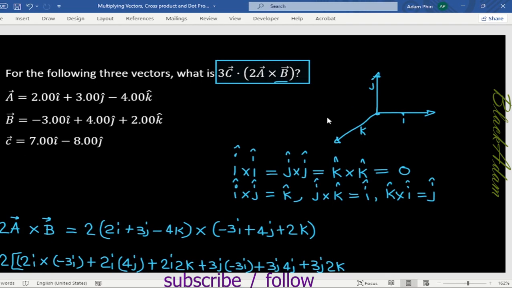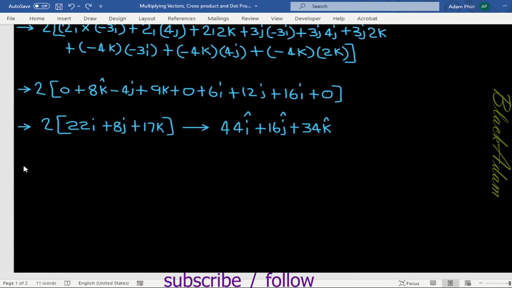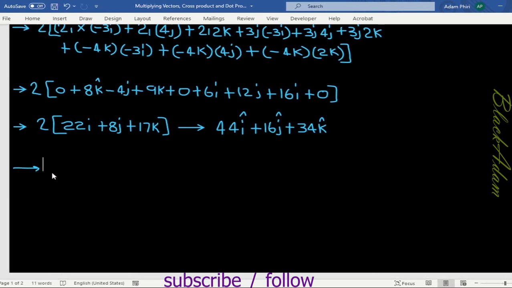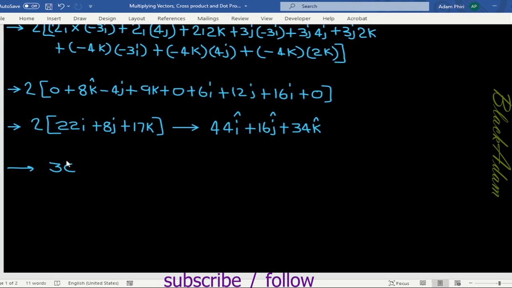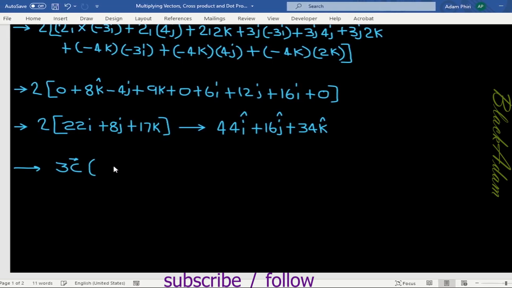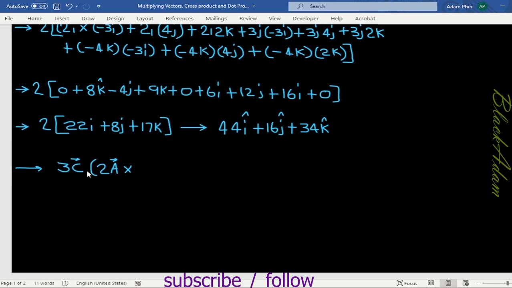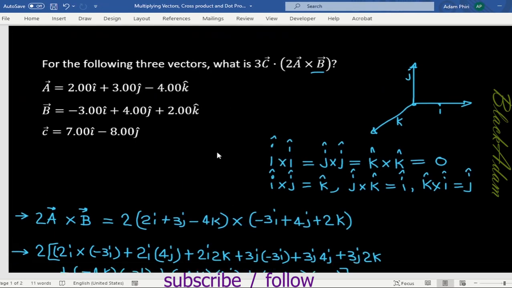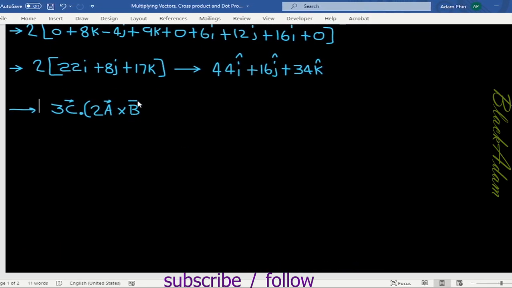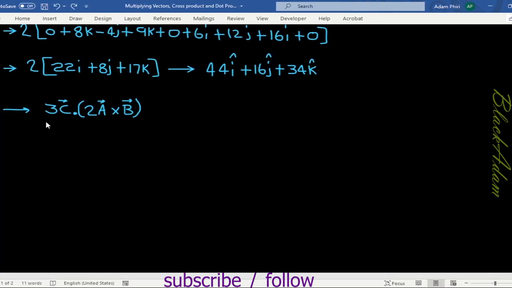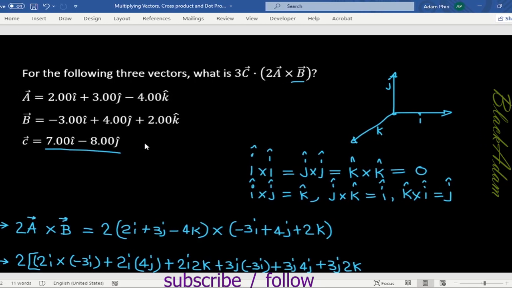So what we do now, we need a dot product of 3c, vector c, dot product with 2a cross product with b. We know that value, so we need to look for 3c.